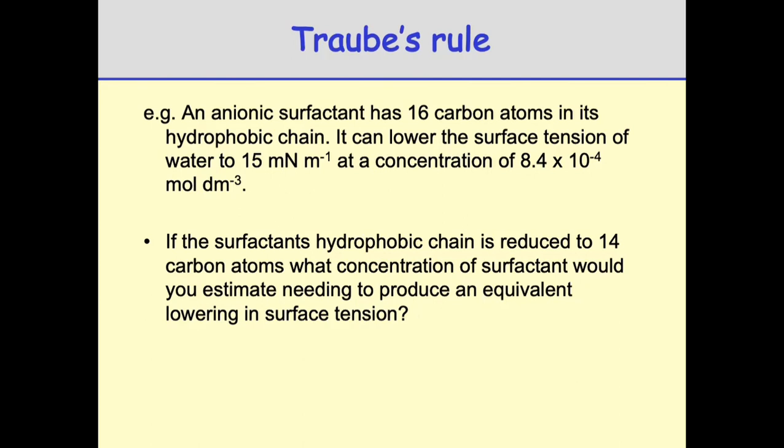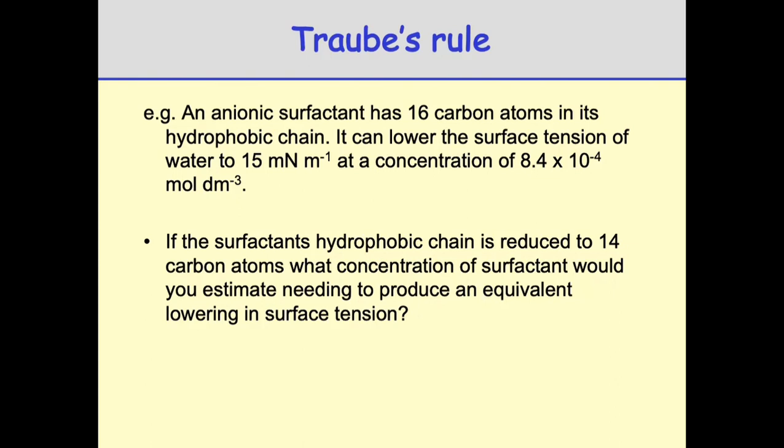If you reduce the number of carbons in that hydrophobic chain from 16 to 14, then you're going to need a higher concentration of the surfactant to have an equal lowering in surface tension.